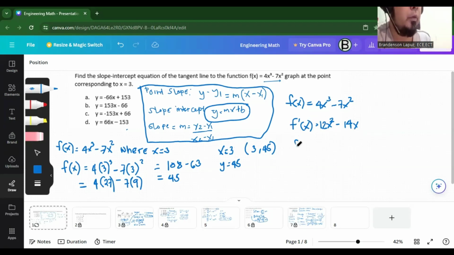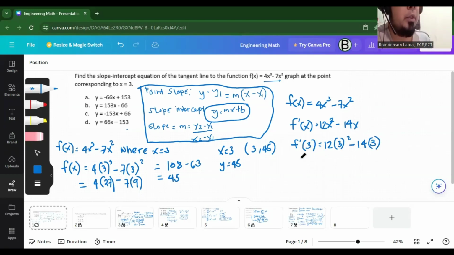So f prime of 3 is equal to 12 times 3 squared minus 14 times 3.